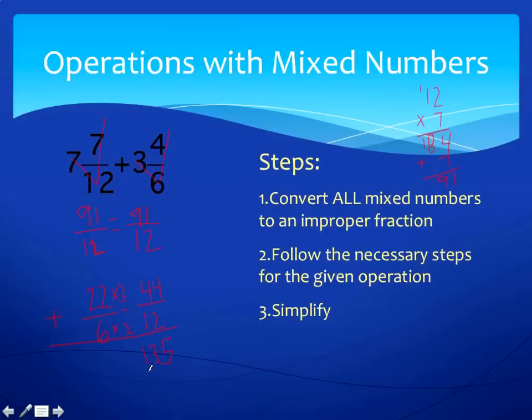So 135 over 12. And again, I would need to go through and reduce this. So I'm going to run through my divisibility rules and figure out what numbers I can simplify out here, if any.